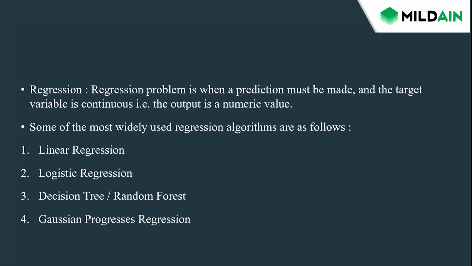These are some common, widely used algorithms: linear regression, logistic regression. Statisticians call it logit, correct? Then the third one is decision tree, random forest, Gaussian process regression. There are so many regressions.